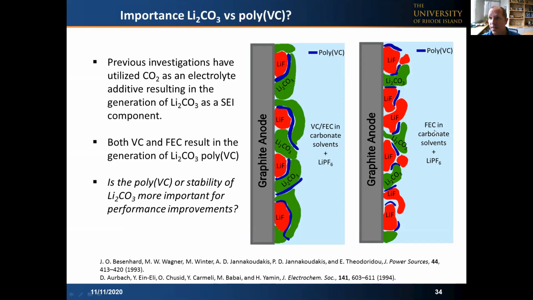While in the case of the FEC electrolyte, what we observe is significantly higher concentrations of lithium fluoride, since the reduction of FEC itself generates lithium fluoride as the first step, and then lower concentrations of the poly-VC, because basically we have a stoichiometric polymerization reaction.